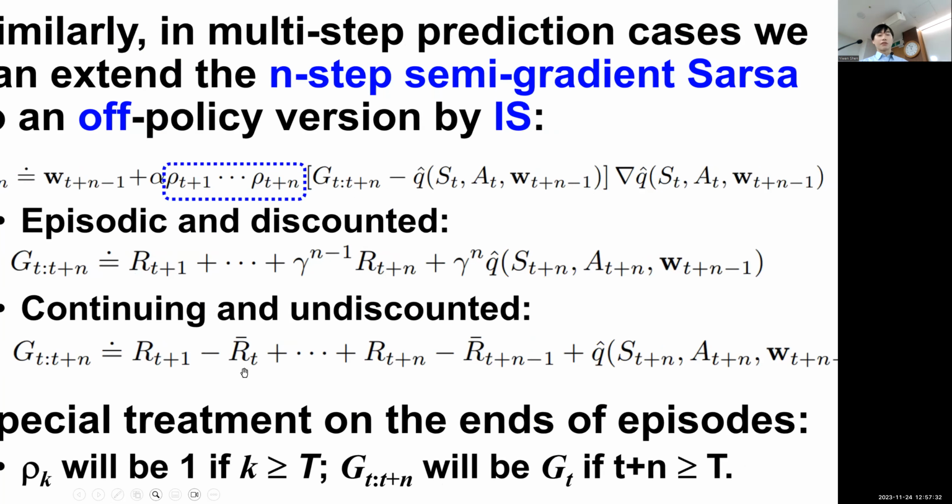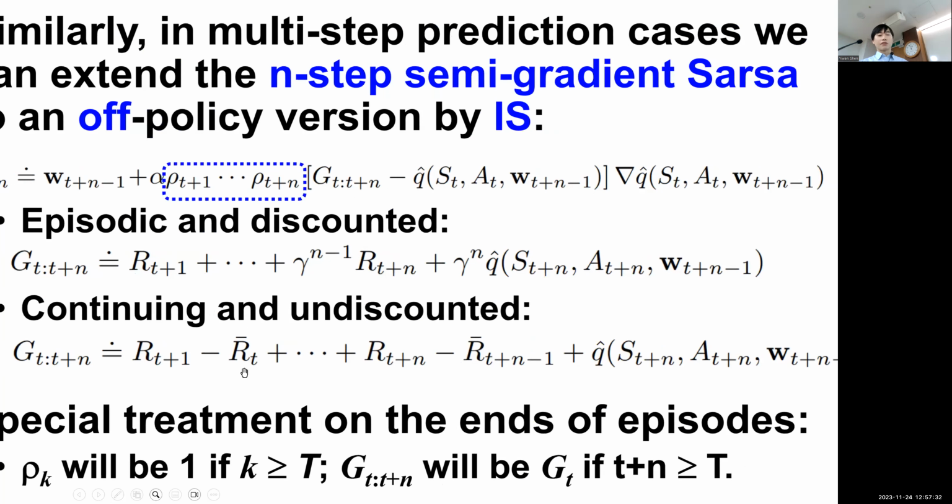Then there's a special treatment at the end of the episode if we use the episodic and discounted setting. When we design the n-step algorithms, either n-step SARSA or n-step TD(0), we always need to consider two points: how many steps we need to wait, and at the end of the episode how we deal with it, because there will not be enough steps for calculating the n-step return.